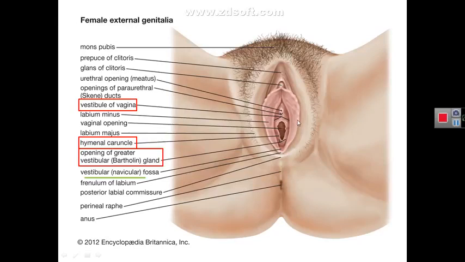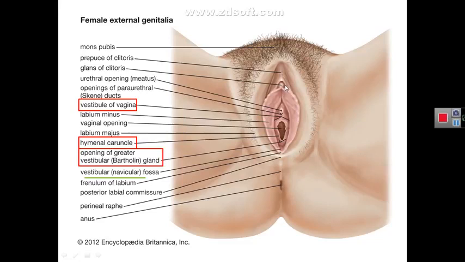The third fold is labia minora. It is also a fold of skin, but the skin here is devoid of fat. The two labia minora split anteriorly into two layers, as you can see.